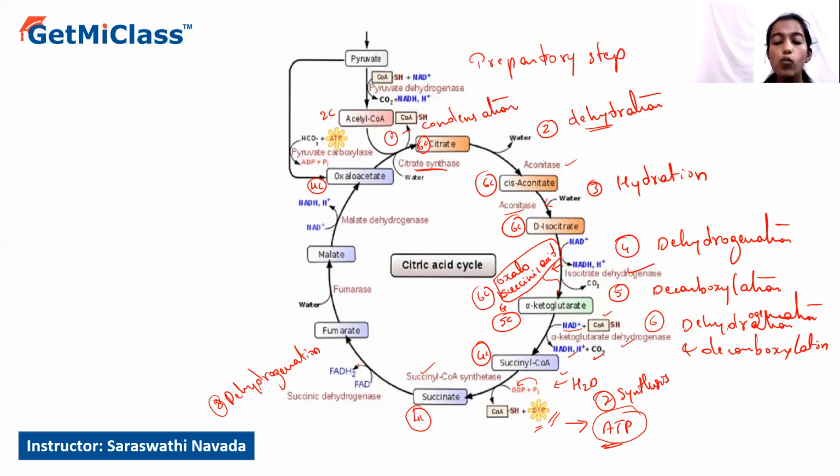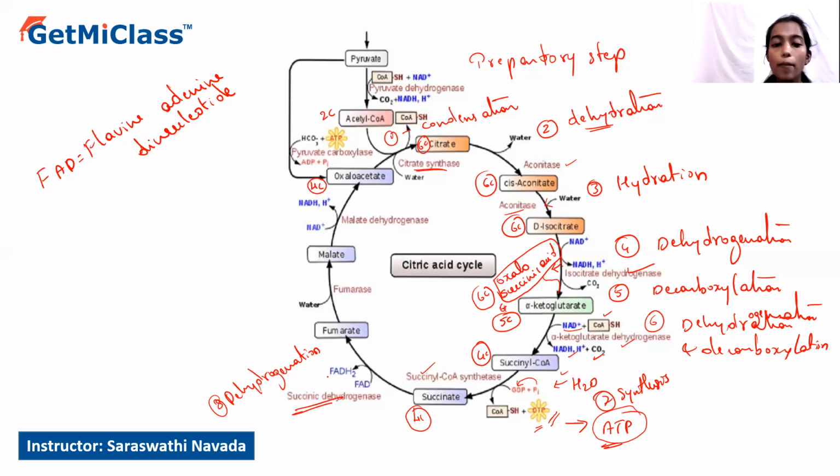It is one more reducing agent called FAD, where FAD refers to flavin adenine dinucleotide. It is a type of flavoprotein or coenzyme which will be accepting this hydrogen. And this particular reaction is catalyzed by the enzyme succinate dehydrogenase.